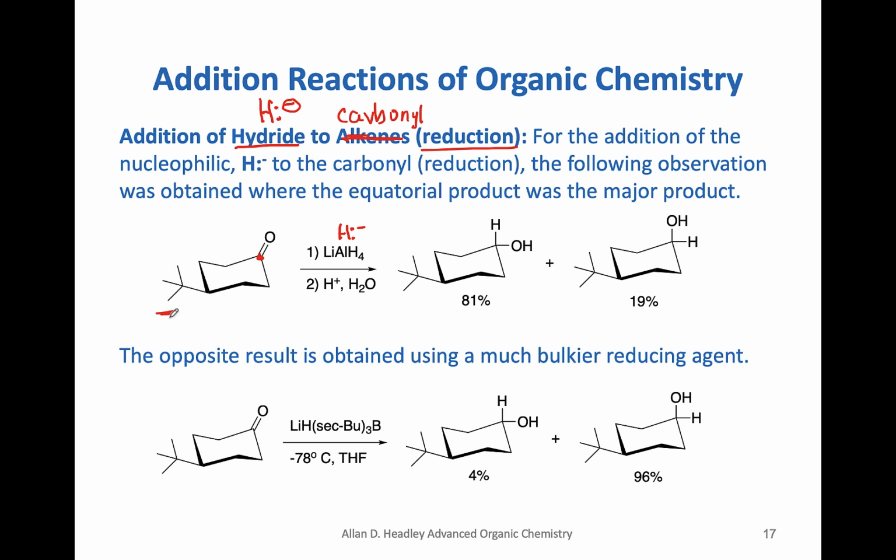So this large group in the equatorial position maintains the integrity of this conformer throughout the reaction, as opposed to ring flipping. So the H minus can come here to form this product, which is the lower percentage, or it can come from here to form this product, which is the higher percentage.